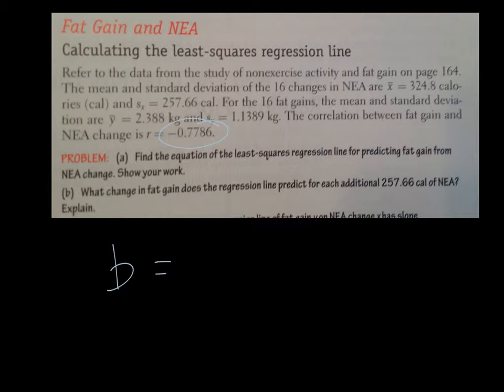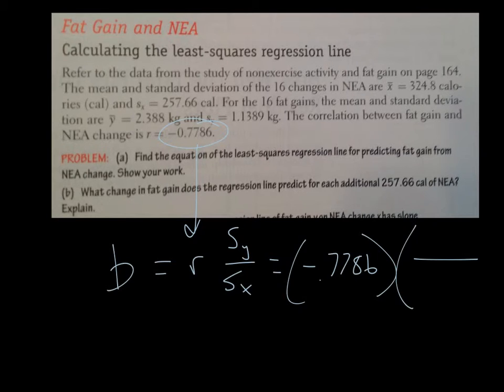So the formula is the correlation, which is R, which is given to us, and then S sub Y over S sub X. That's our standard deviations of Y and X. And this is straightforward. Plug it into your calculator. Let your calculator do the work. So the R is right there. We're going to plug that in. So it's negative 0.7786.